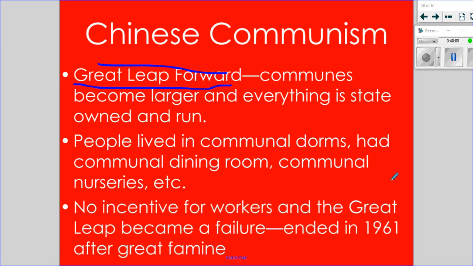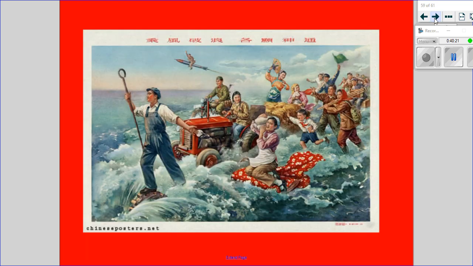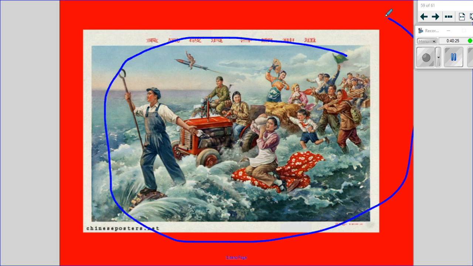People lived in communal dorms, had communal dining rooms, etc. There was no incentive for workers, and the Great Leap Forward was a major failure and a famine that killed over 30 million people. All right. So the idea was, hey, melt down your farm implements and make steel. Did not work out that way.